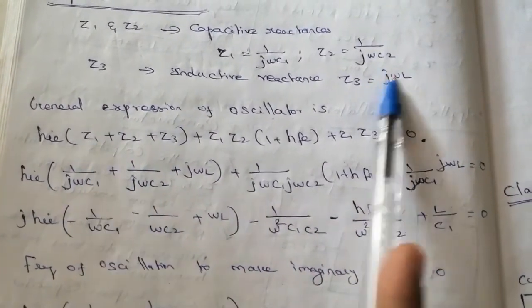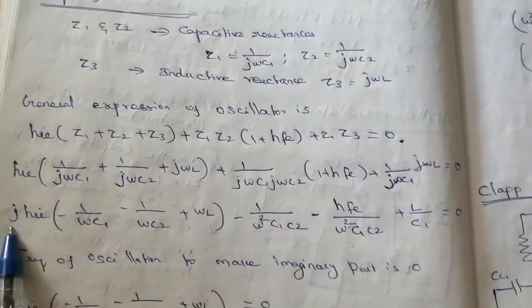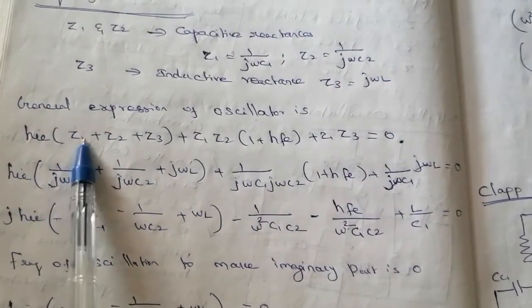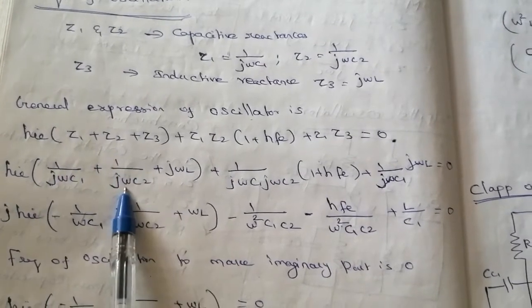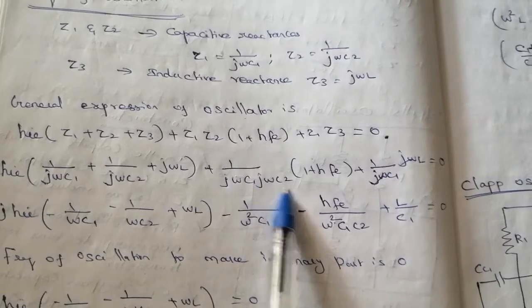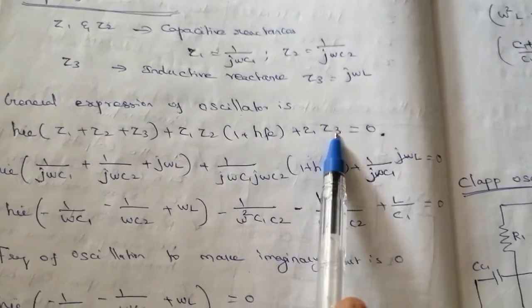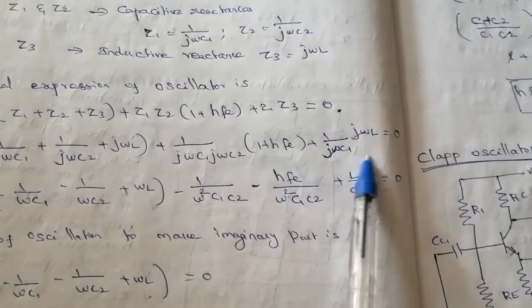Now substitute the values of Z1, Z2 and Z3 in terms of reactances.